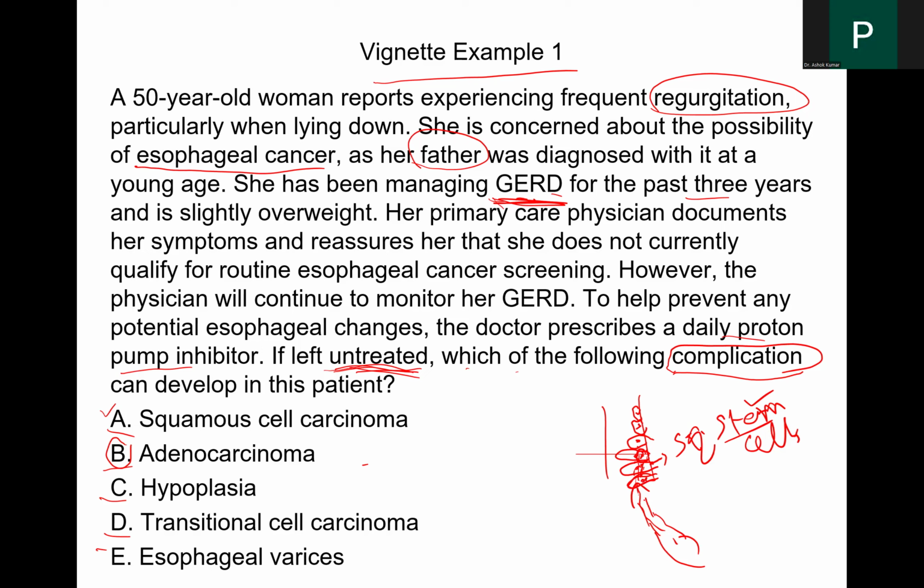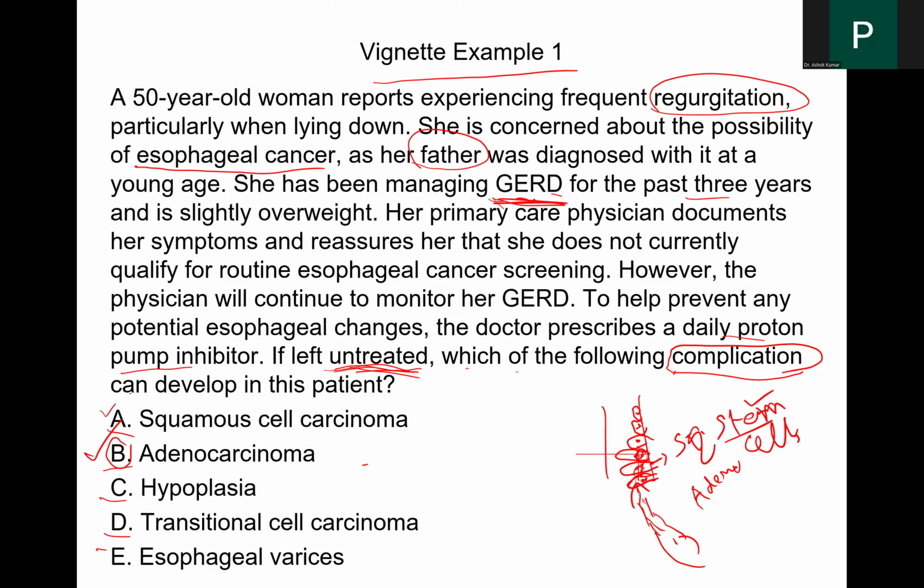The lower esophagus, encountering acid, is transformed to columnar epithelial cells. Now if columnar epithelial cells still encounter acid continuously, then of course they will transform into a columnar cancer, which we call adenocarcinoma. So B, adenocarcinoma. Right? That's the correct answer.